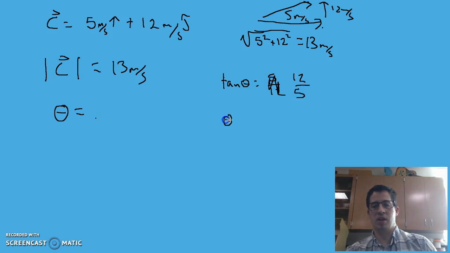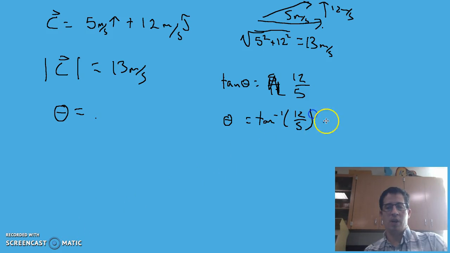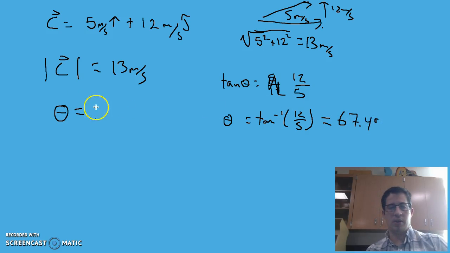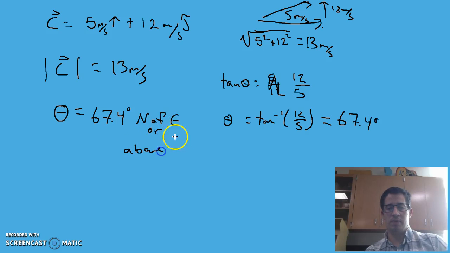So theta would be equal to the inverse tangent of 12 over 5, and then we can punch this into our calculator and we're going to get about 67.4 degrees. Okay, 67.4 degrees, and we could say this is north of east or above positive x. Okay, all right, there you go.